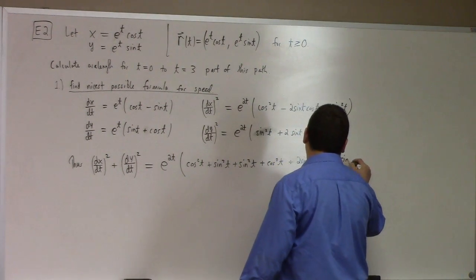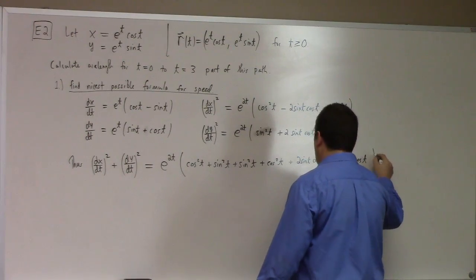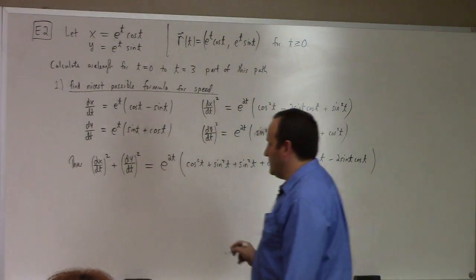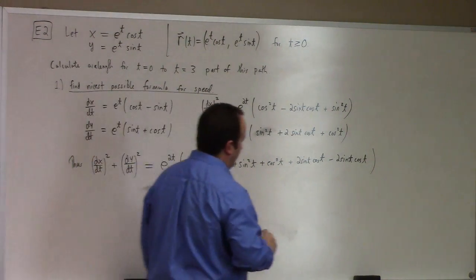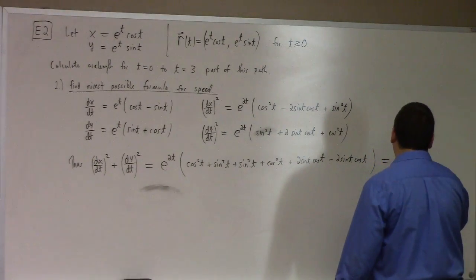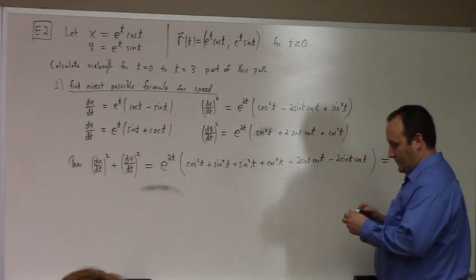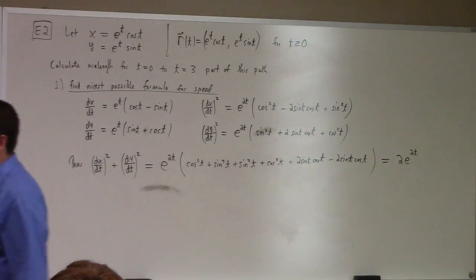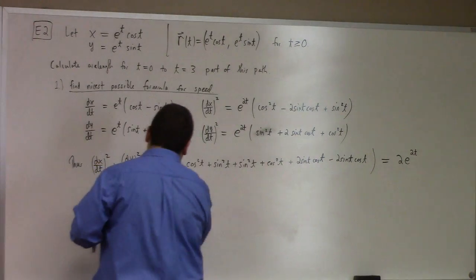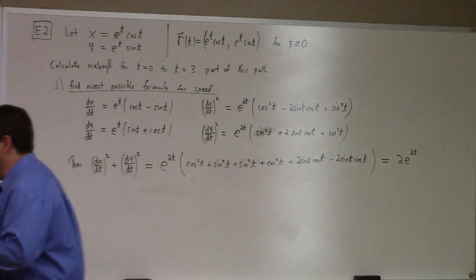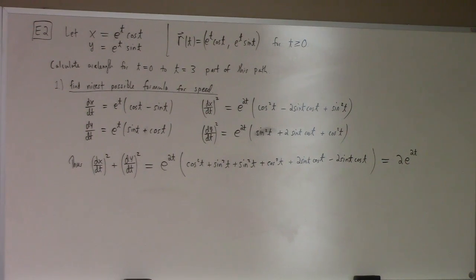This really doesn't need to be written, because you could do a little bit of thinking and write less, couldn't you? I think you're totally within bounds to just go e to the 2t times what? I heard a 2. Yes, 2e to the 2t, because sine squared plus cosine squared is 1. You've got 2 of those, right? And the mixed terms, the sine cosine terms, cancel. So we have now found, I would argue, the nicest possible formula for the speed.